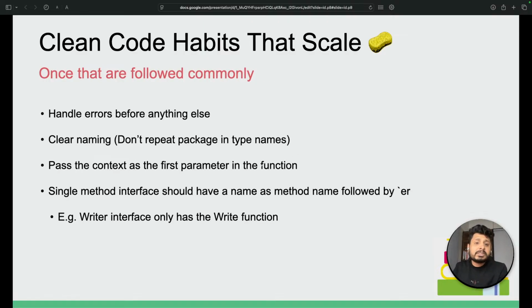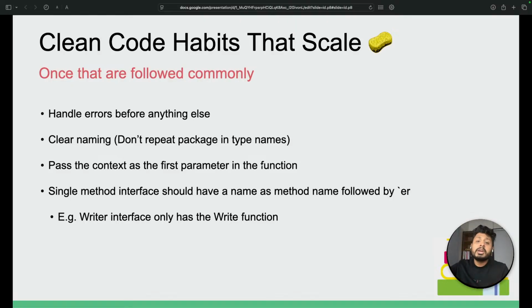You should always pass context as the first parameter of the function. Now, this is very important. Context passing is needed when you want to have distributed tracing, right? You want to pass some user information, maybe from the request token headers and those things. So your context is really important. And then your context is also important if you want to have timeout related functionality.